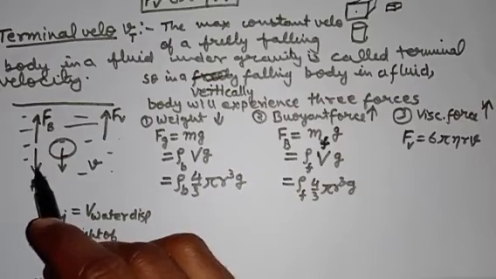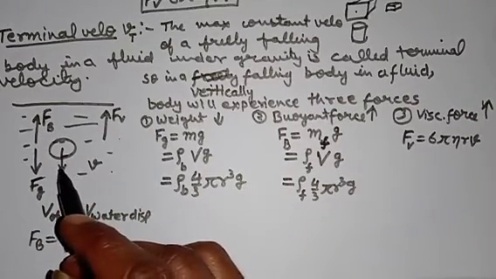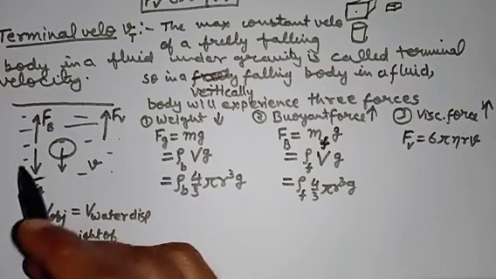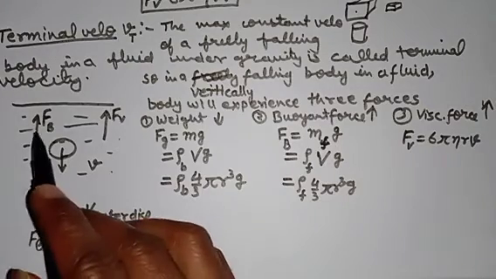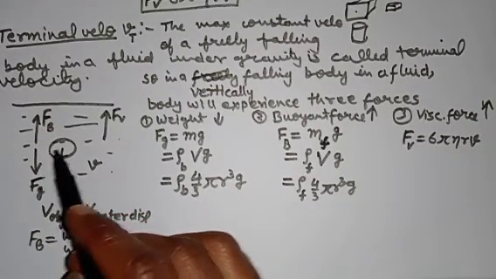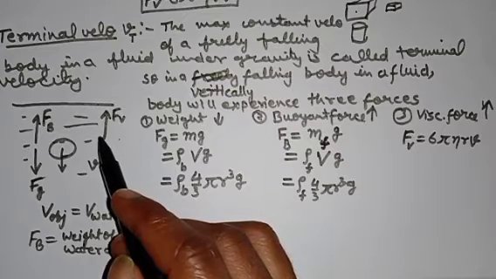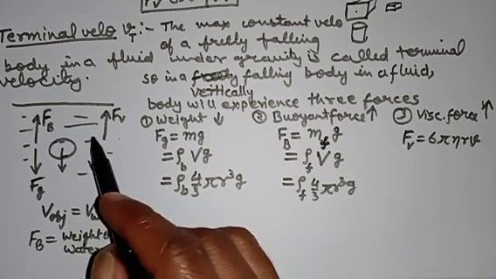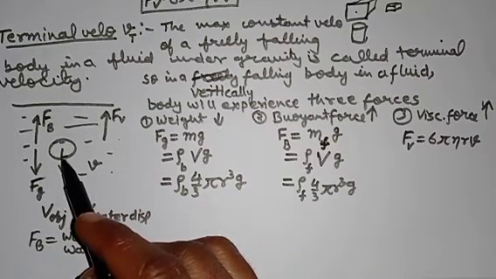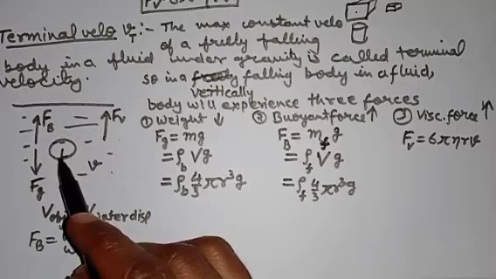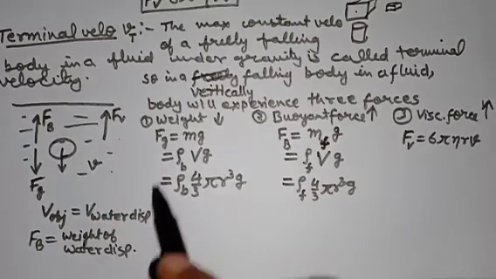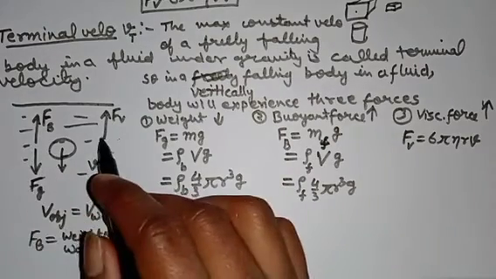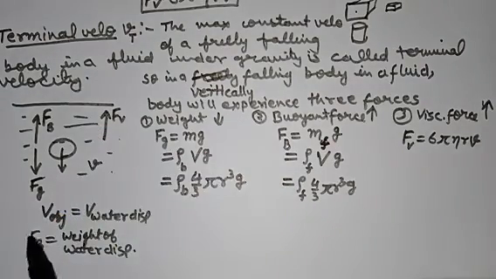Let us suppose this Fg was earlier 10 Newton, this buoyant force was earlier 5 Newton, and this viscous force started at 1 Newton, then 2 Newton, then 3 Newton, then when the sum of both equals 10 Newton, the net force on this body will be 0. These two forces are constant, but the viscous force is continuously increasing as it moves through the fluid.